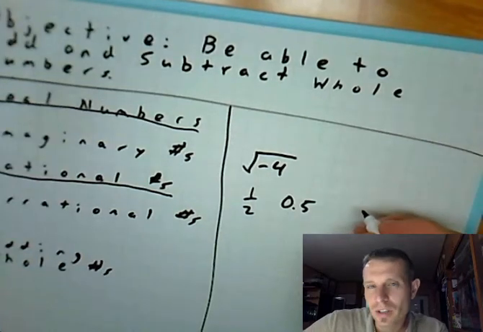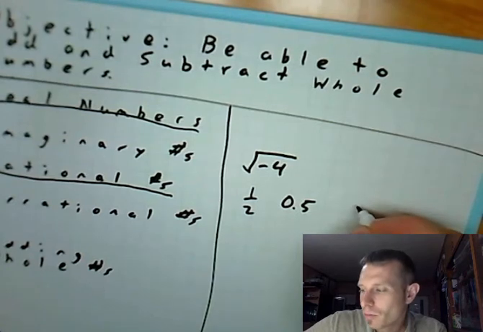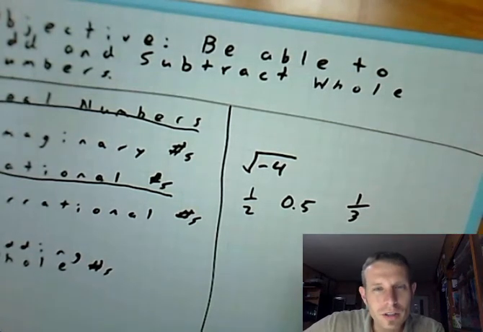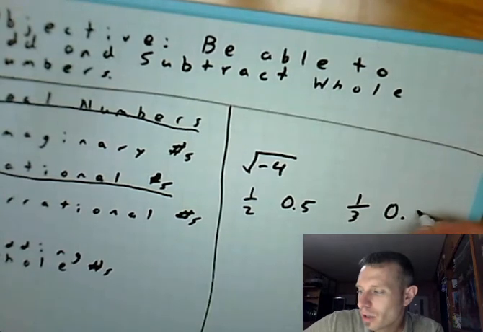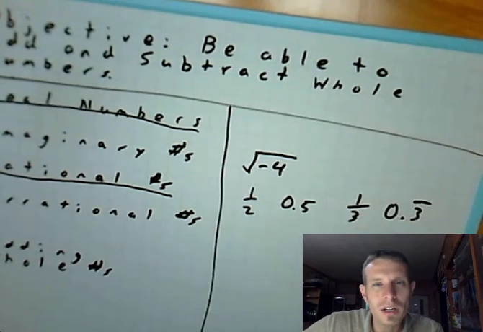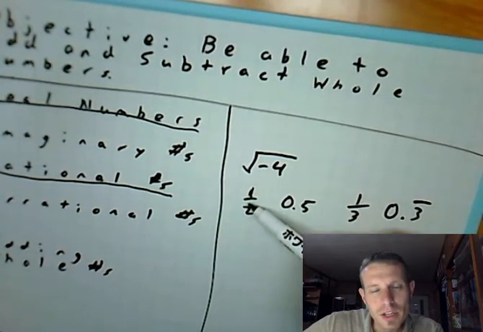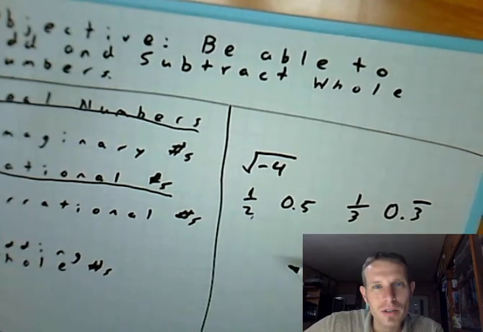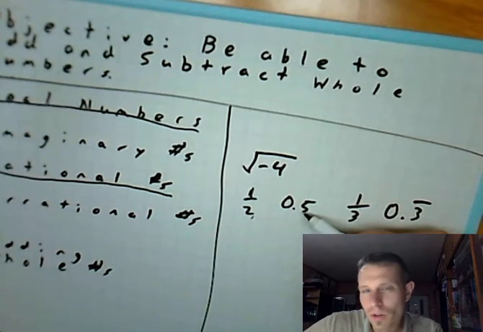Another example of a rational number that you can write as a fraction would be 1/3, and if we write 1/3 as a decimal, most of you know that's 0.3 repeating.